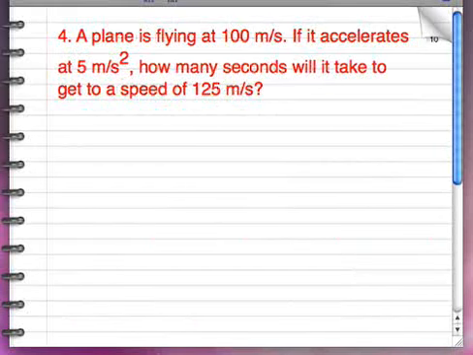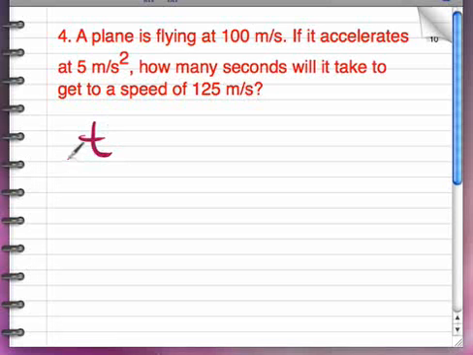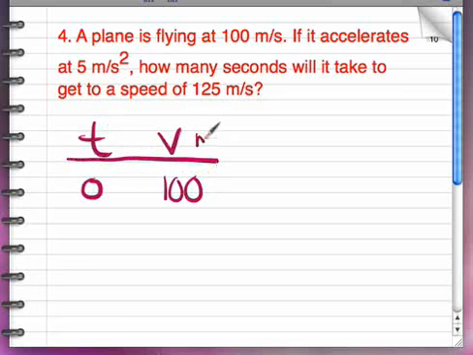Try number 4. We can do this using the formula, or we could also do this one with the table. First, I'll do it with the table. Let's see, it starts out going 100 meters per second. So at time 0, the speed is 100 meters per second.